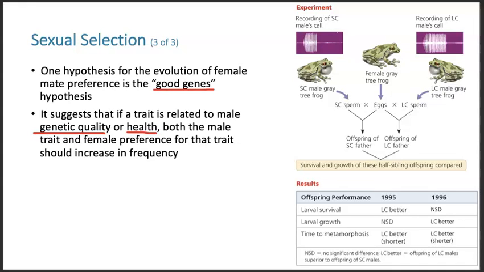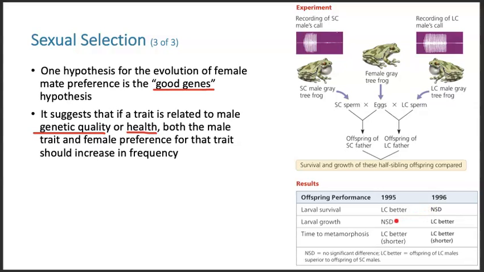However, if we look at some of the data, we see that for a couple of different years, in 1995, the long call offspring were better at surviving, although there wasn't any difference in 1996 between the long call and the short call.